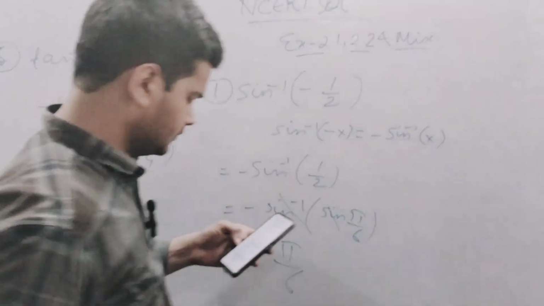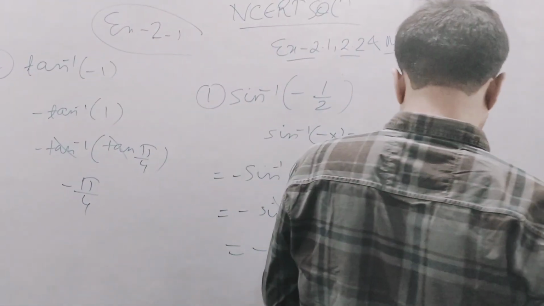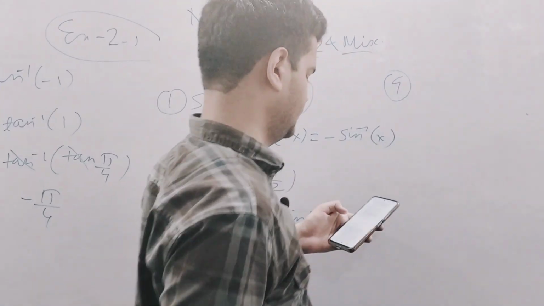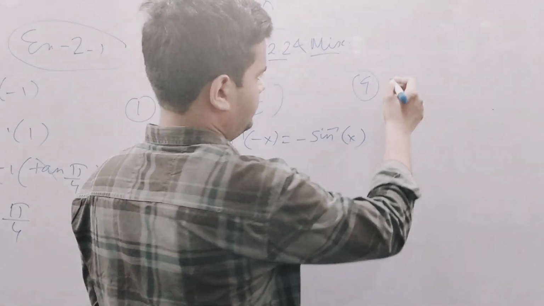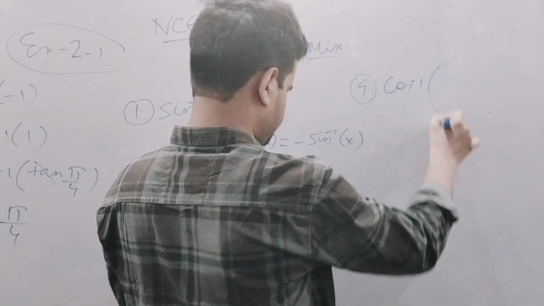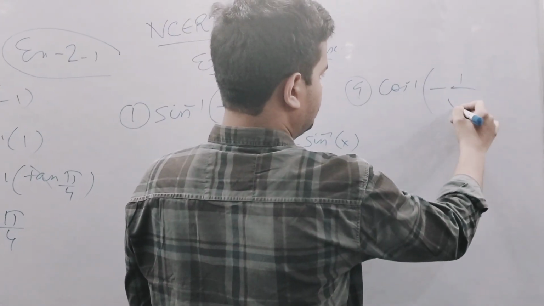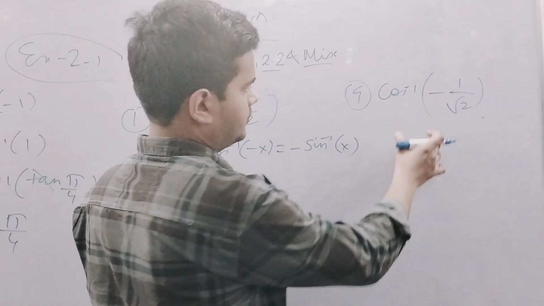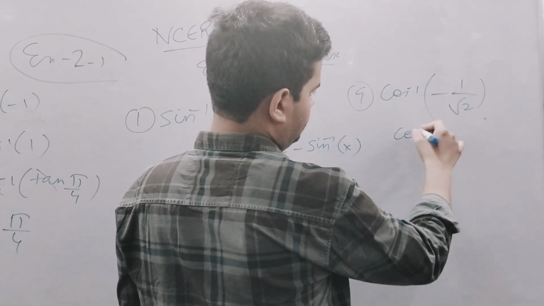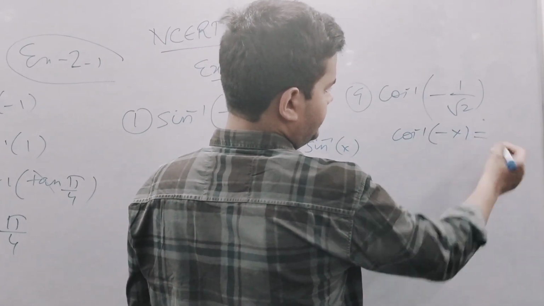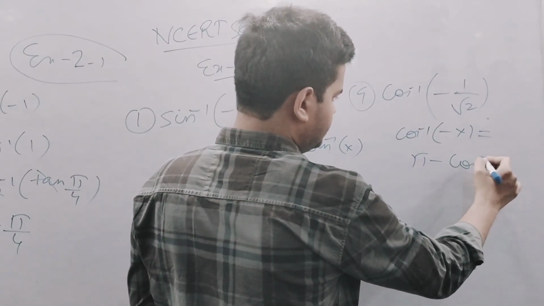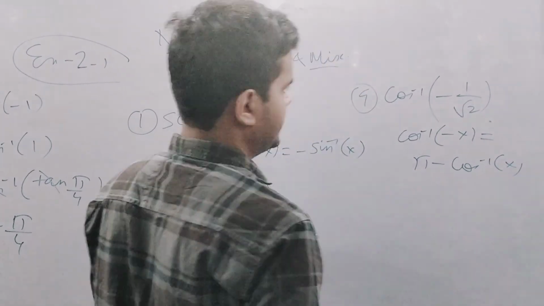Okay. Next question is question number 9. Question number 9 is find the principal value of cos inverse minus of 1 upon root 2. So we know that cos inverse minus x is equal to pi minus cos inverse x.